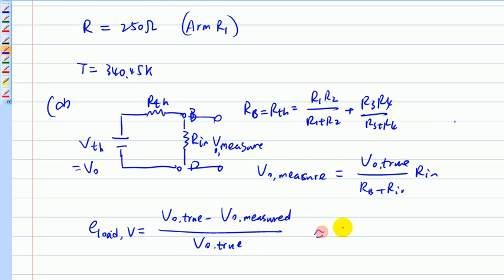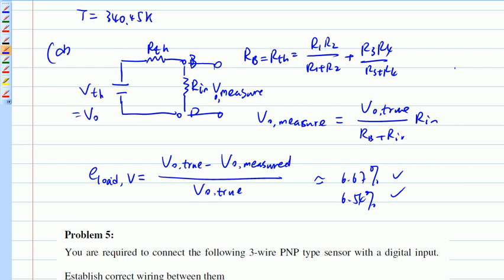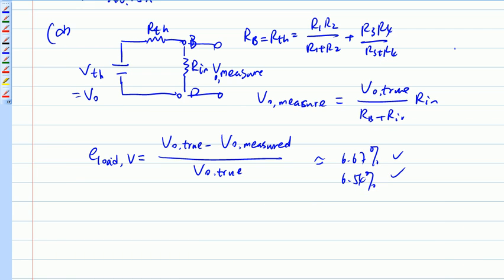It's approximately 6.67, and I think if you get 6.54, it's also right. There are some approximation errors there, but either way, it'll be okay. Because some students use the formula that I derived in the lecture to calculate the loading error. In the lecture, the E loading is simply RB or RTH.